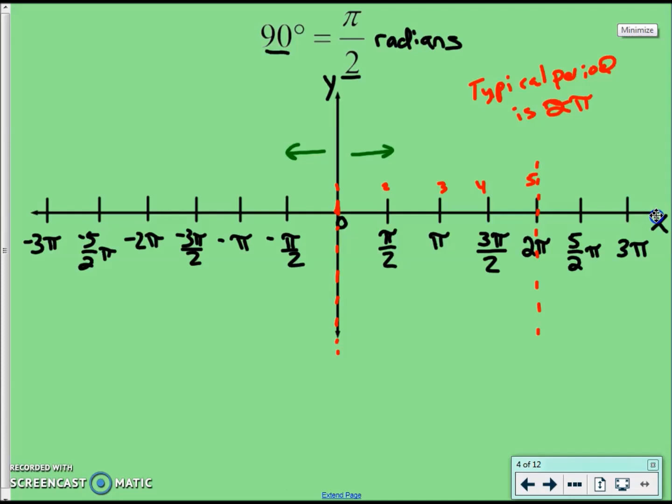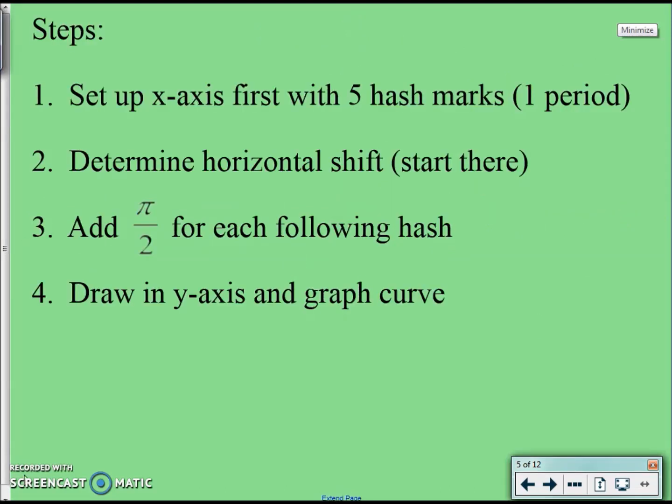And that's going to be how we're going to start by graphing our trigonometric functions. We're going to start drawing in our x-axis based on and start graphing from the point of the transformation. So our steps in graphing trigonometric functions is we're going to set up an x-axis first that has 5 hash marks. Again, that's one period, where one period is typically 2 pi radians. We're then going to determine our horizontal shift. That's going to come from the x minus h component of our function.